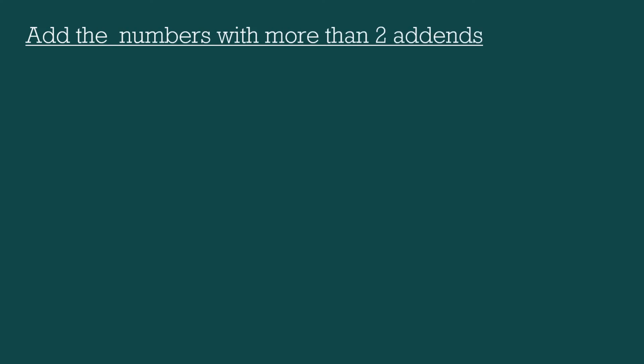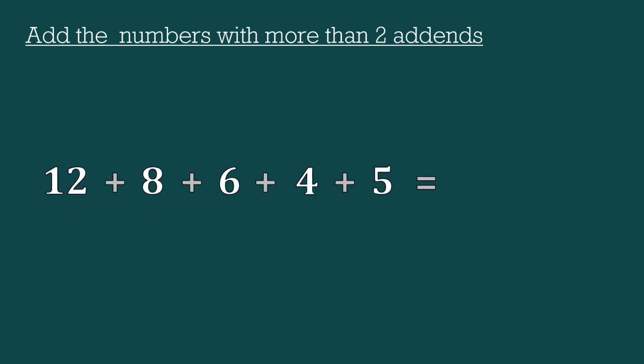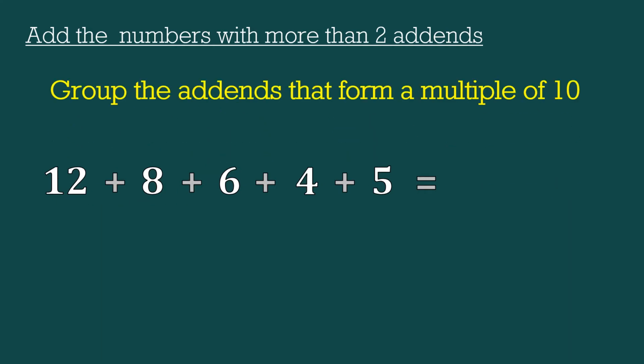How about adding numbers with more than 2 addends? Do we have a trick for it? Yes, there is. All you need to do is to group the addends that form a multiple of 10. In the example, we see 12 and 8 makes 20. 6 and 4 makes 10.